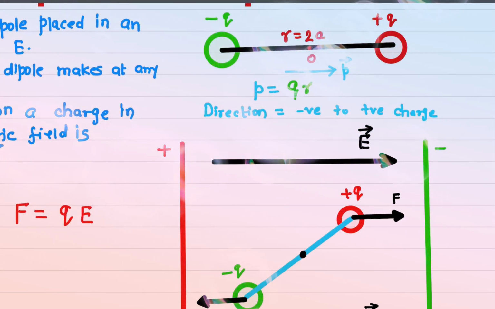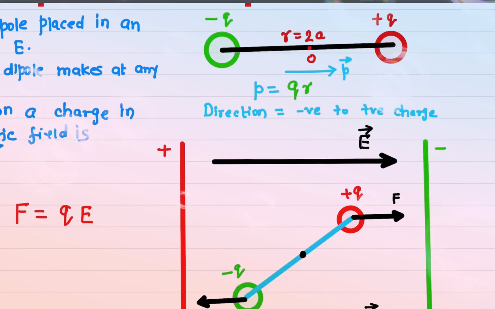In physics, we always define the direction from negative to positive charge, but there is one more logic behind this, and I'll explain later why we choose this direction. That will be described in the later part of this video. So here is the magnitude of the dipole: q is the magnitude of the charge and r is the separation between them.